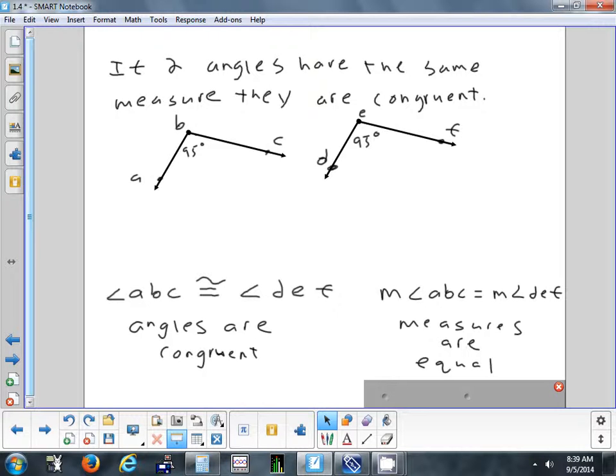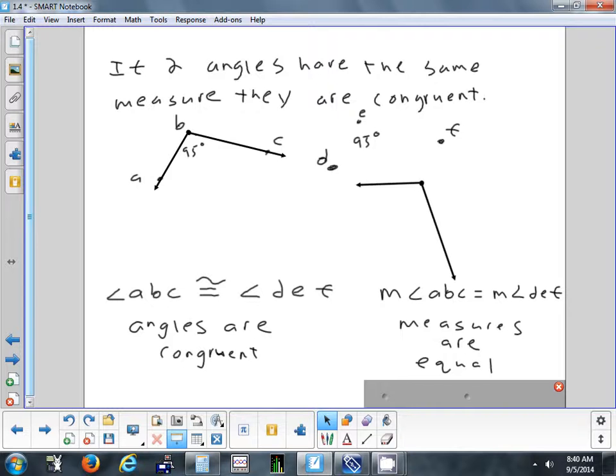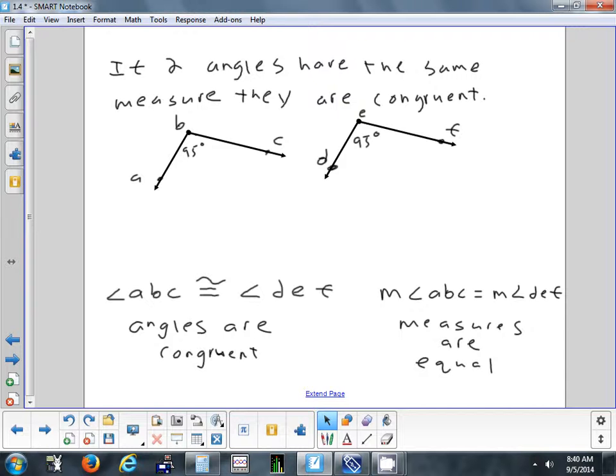No. So as long as the measure is the same, even if it's turned, they're still congruent. If I took this angle and turned it like that, it's still congruent to the other one. It's just been turned. Any questions on the idea of congruence versus equals? Same idea we did with segments.